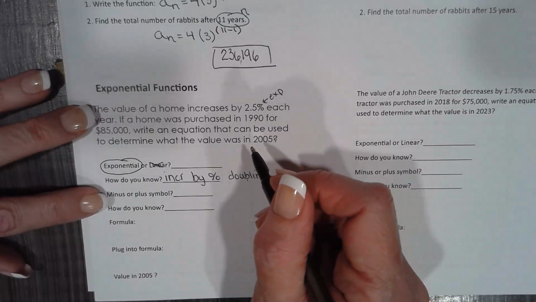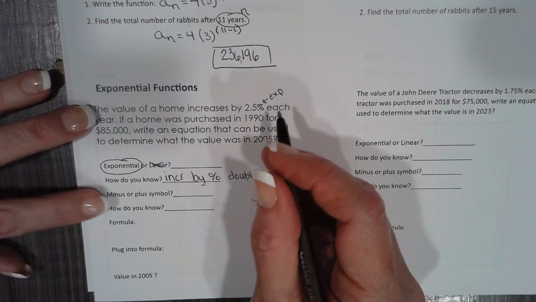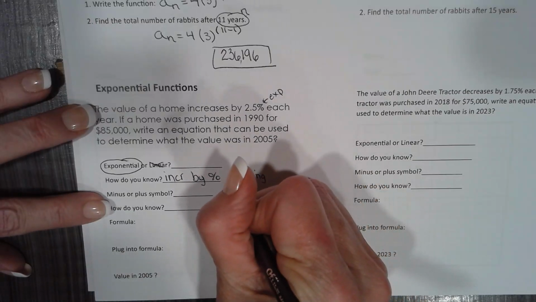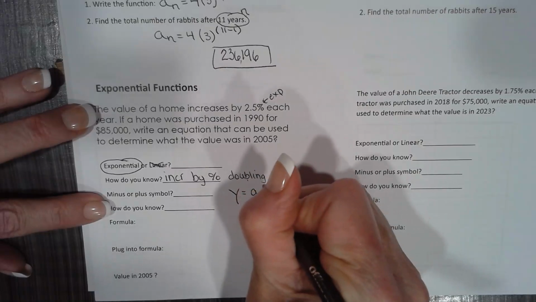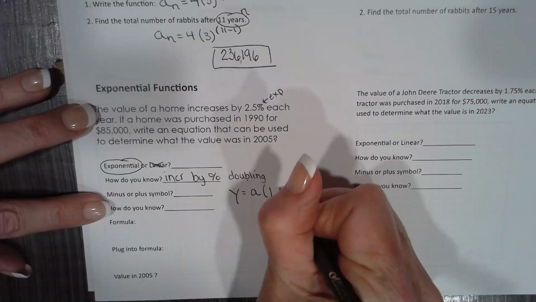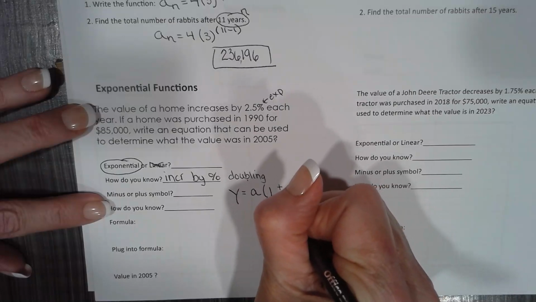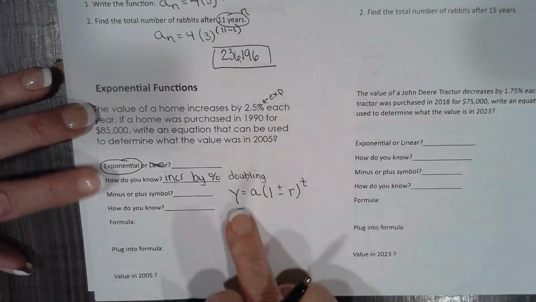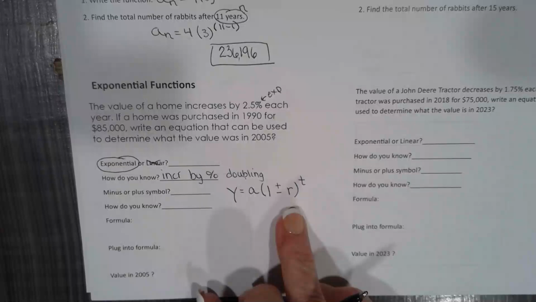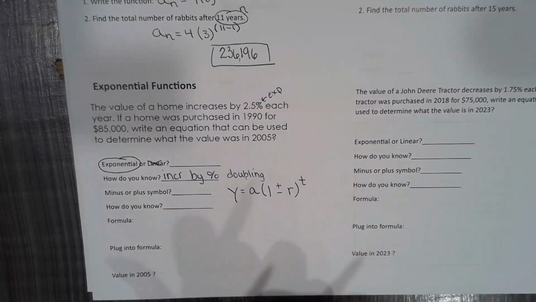The formula is y equals a parentheses 1, we either use a plus or a minus r, raised to the time. Again, this is up on a flip chart and we're going to get to this, we just haven't gotten to it yet.